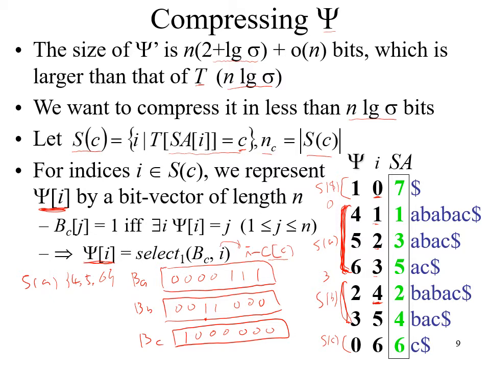So psi I is computed from the bit vector and the index of the first index for each character. Okay?